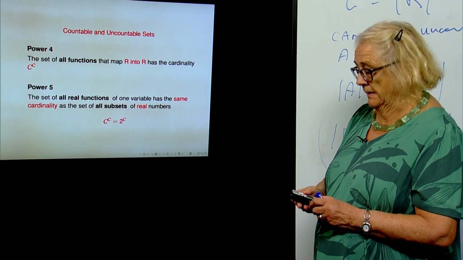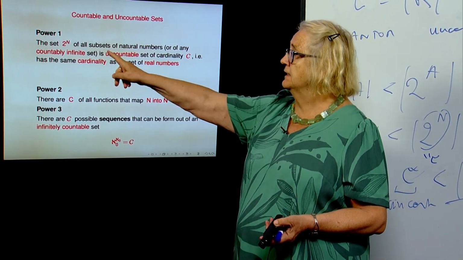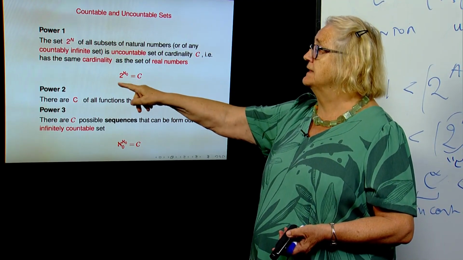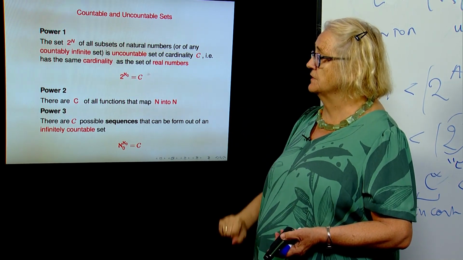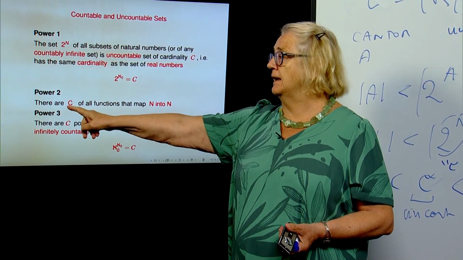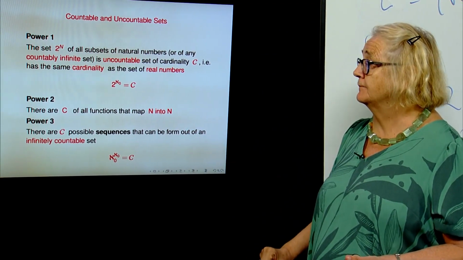This is important. I already said that the set of all subsets of natural numbers is an uncountable set of cardinality C, and it has the same cardinality as the set of real numbers, and we write this as an operation of those 2 numbers: 2 to the power Aleph 0 is C. But they are C, as many as real numbers, all functions that map n into n.